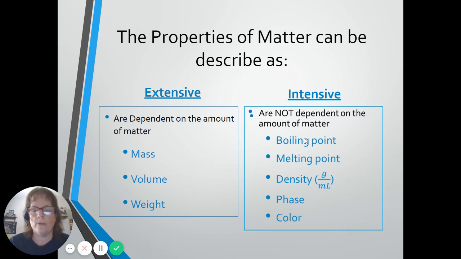So boiling point, melting point, its density, the phase of matter it's in, like liquid, gas, solid, that's not going to be any different depending on how much you have at all. And then of course color. These are just some examples of intensive properties. But again, it does not matter how much you have; they're always going to be the same. Extensive properties change based on the amount that you do have.